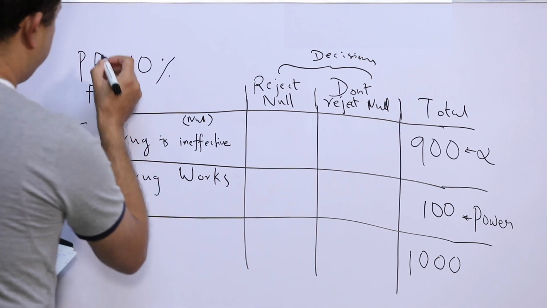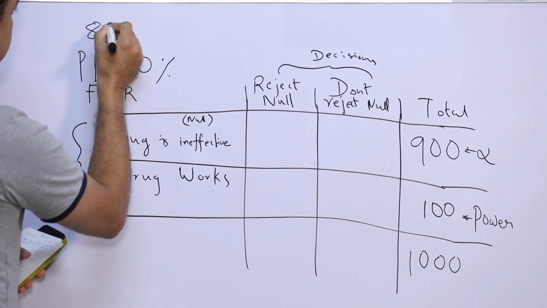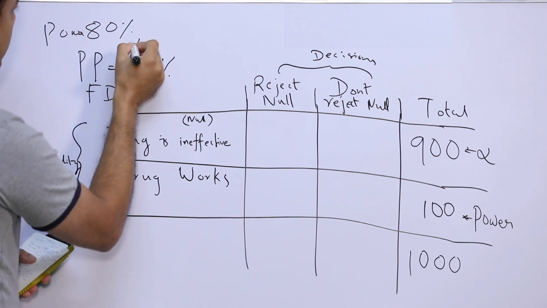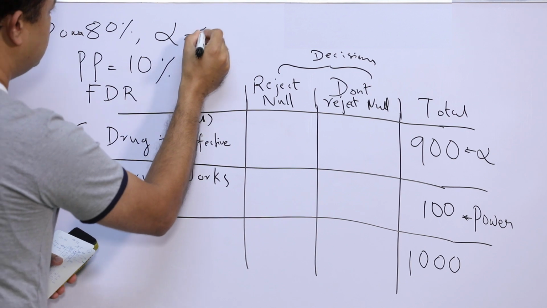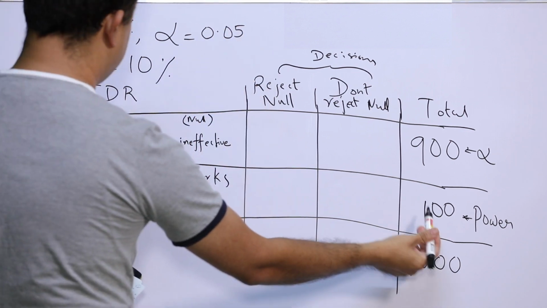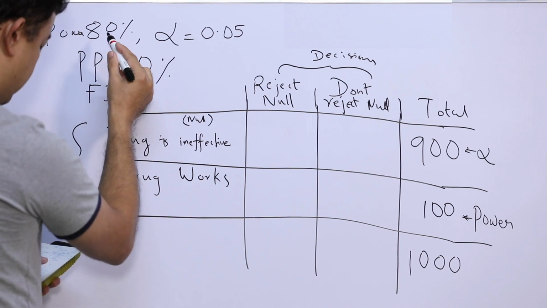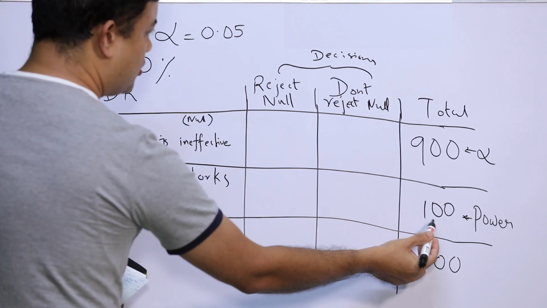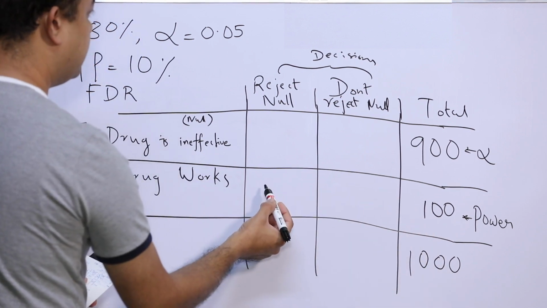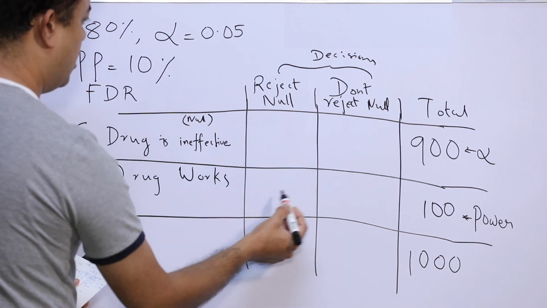So we also know the power is 80%, while alpha is 0.05. So out of 100, because the power is 80%, 80% of this total is expected to be a significant result, so reject the null out of this 100.